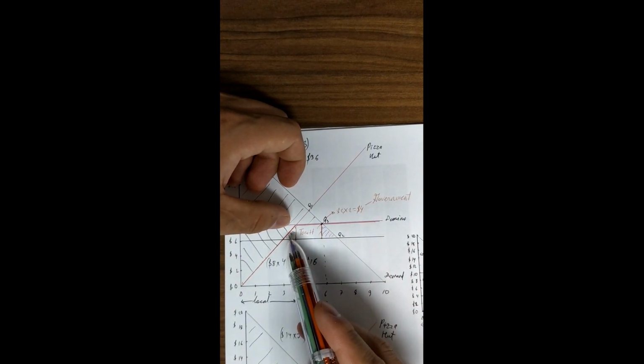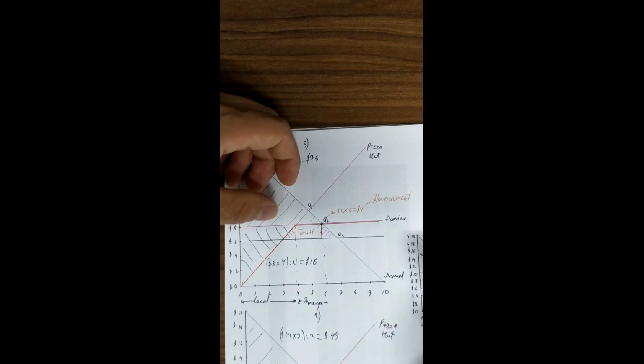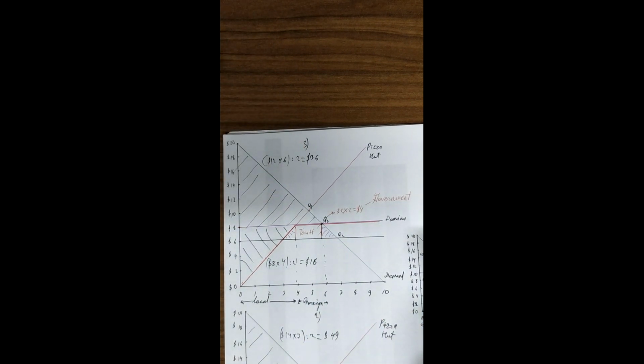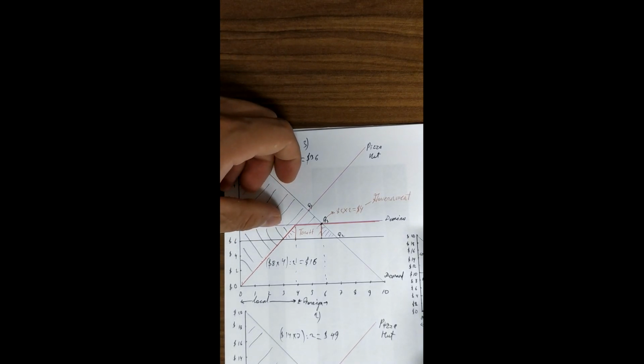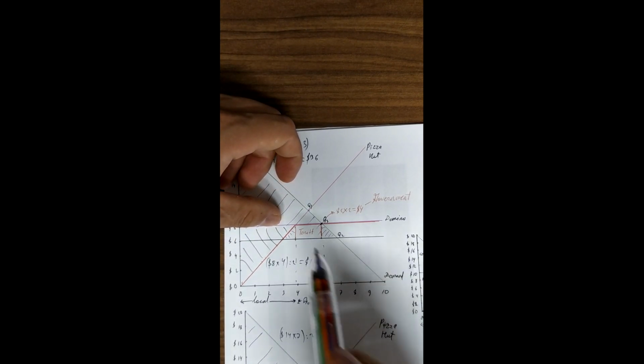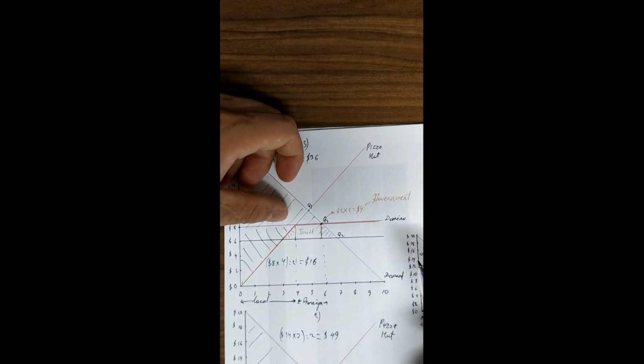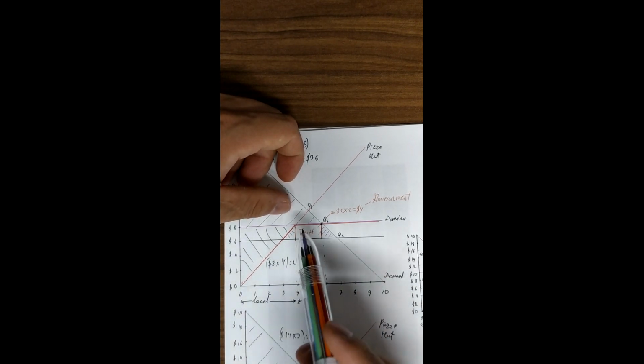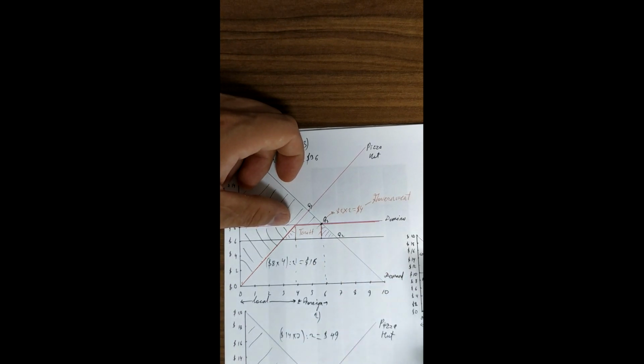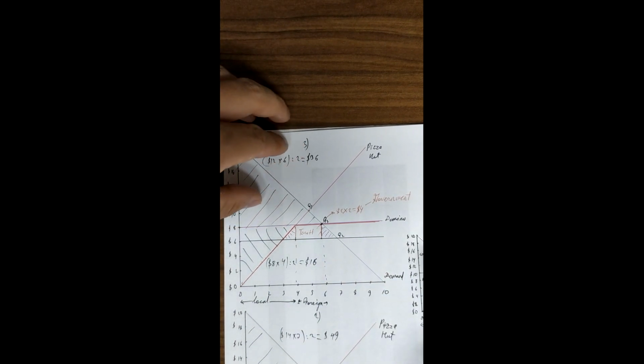They will produce a pizza, but they need a little bit more value or more dollars. That's why this area is called a less efficient producer.